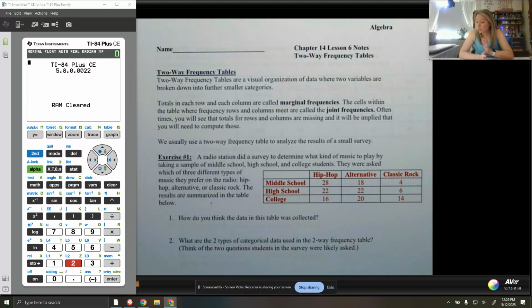So we're going to look at two different types of data that are further categorized down. And the tables will represent numbers in each of the categories with some full-on totals elsewhere in our tables. With two-way frequency tables, it's not really bivariate data because it's more of further categorizing two different variables.